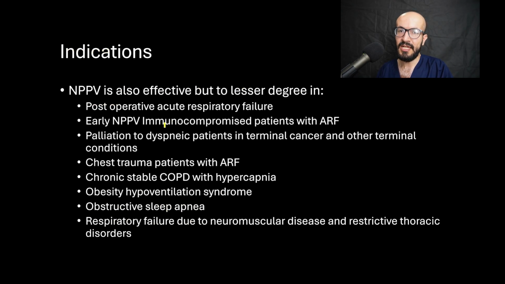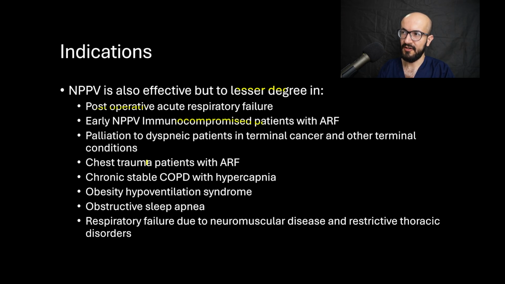Now the NPPV is also effective, but to a lesser degree, in post-operative acute respiratory failure, and the early NPPV in immunocompromised patients with acute respiratory failure.